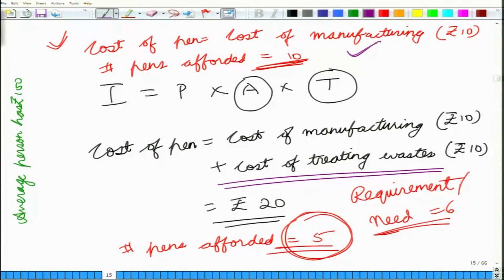Are there some kinds of taxations that we can put on people, or are there some kinds of penalties that we can put on people who are harming the environment, or is there some kind of subsidy that we can give to those people who are protecting the environment, or who are taking all the steps such that their impact on the environment is lessened?